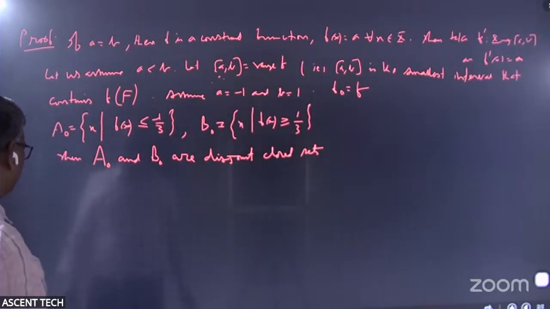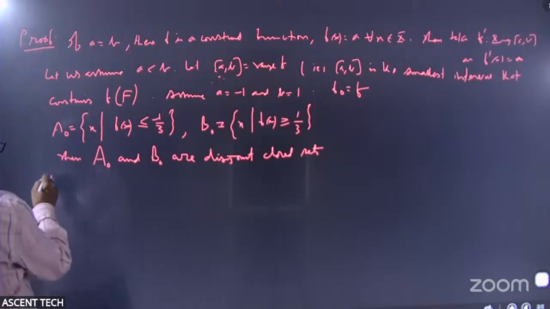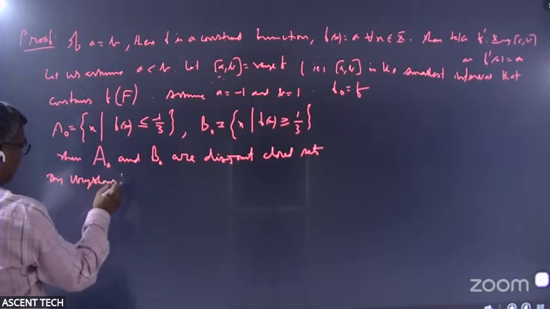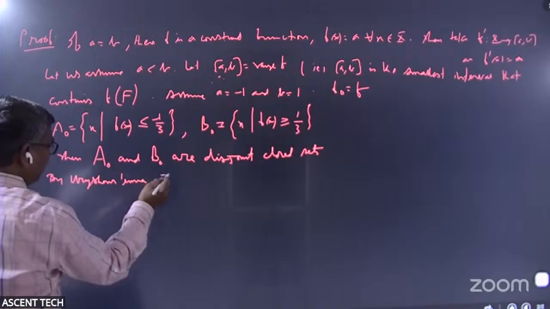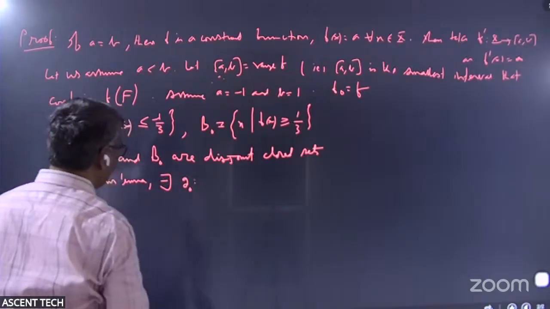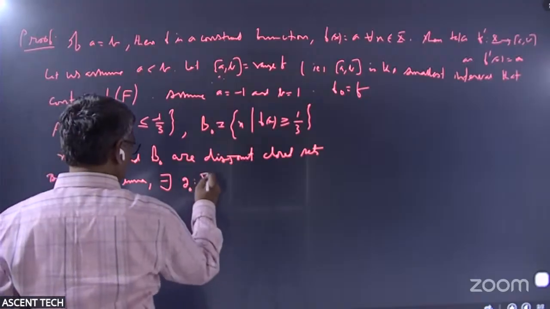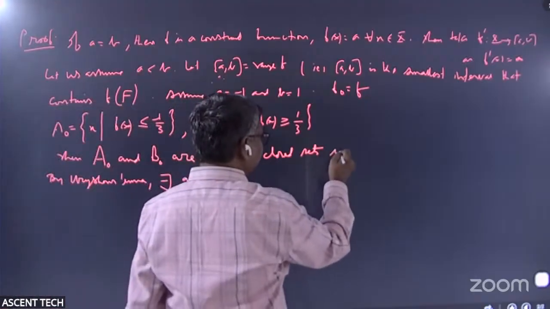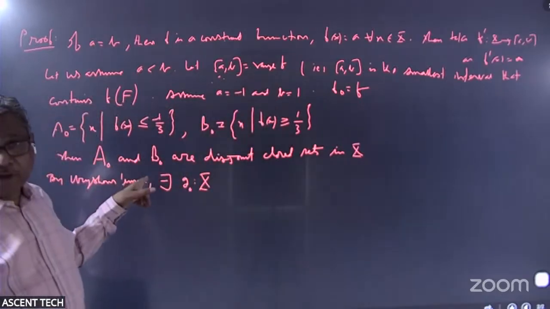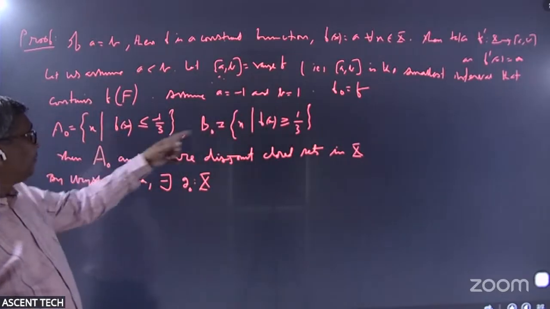Say these are disjoint closed sets. Then by Urysohn's lemma, there exists a continuous function g naught from capital X. These are disjoint closed sets in X. Actually, they are disjoint closed sets in F because these are only elements in F, right?